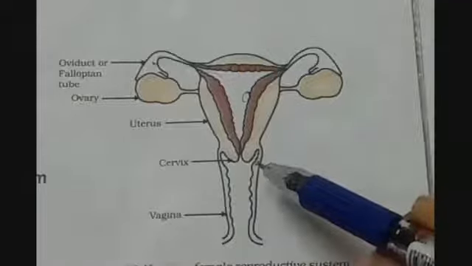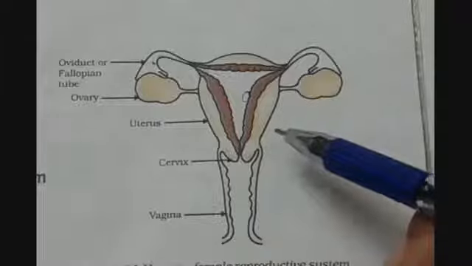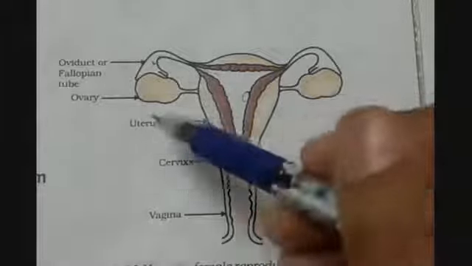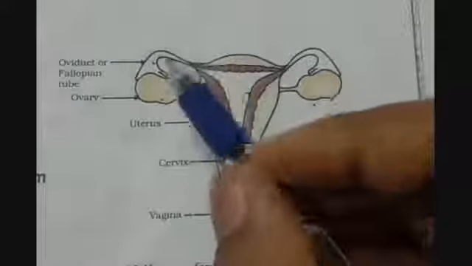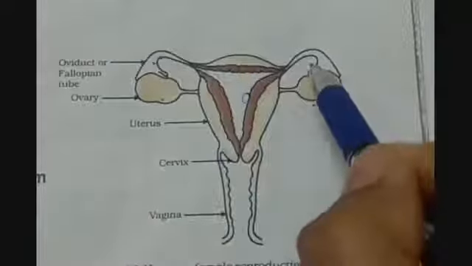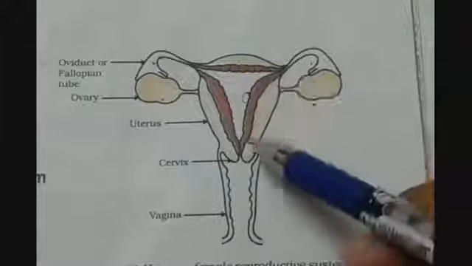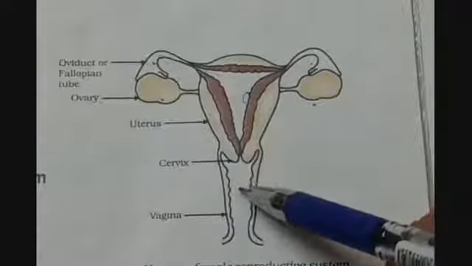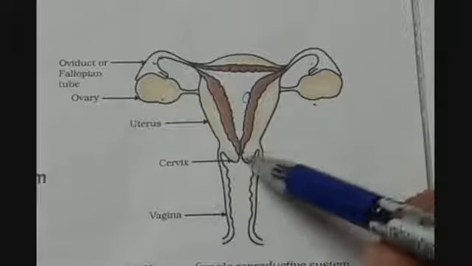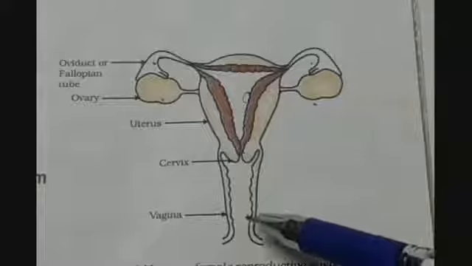The female reproductive system has 4 main parts: a pair of ovaries, a pair of fallopian tubes, the uterus, and a narrow passage from the uterus to the vagina. This narrow passage is called the cervix, and this is the vagina.